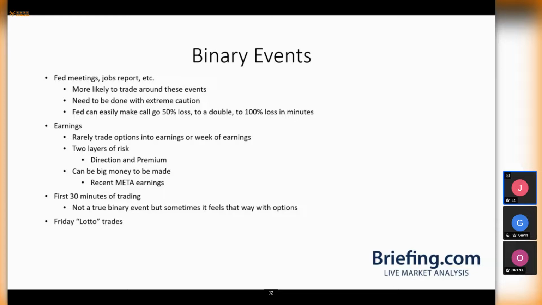And then as far as binary events, these aren't binary events per se, but I wanted to at least put them in there, as far as my trading style. So, the first 30 minutes of trading is definitely not a binary event, but it can certainly feel that way when it comes to options. Case in point yesterday, and I don't think I was alone in these thoughts. I thought that we were going to see a little bit more of a bullish market after Nvidia.